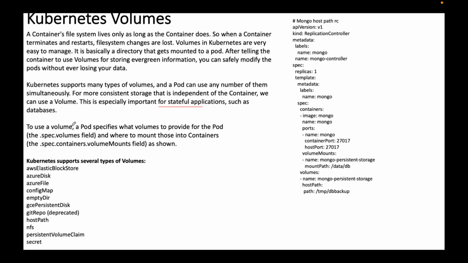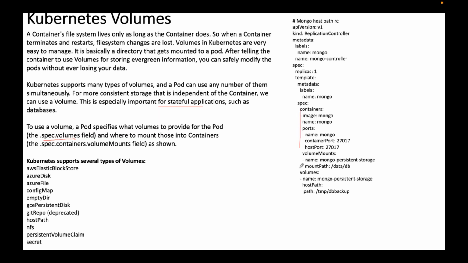Now, how to use volumes? To use a volume in a pod specification, first we need to say what type of volume you want to mount, you want to attach to your pod. So here you have a pod spec, right?